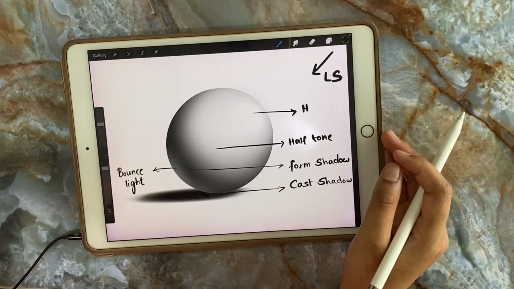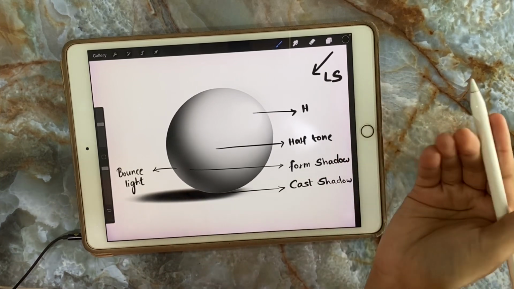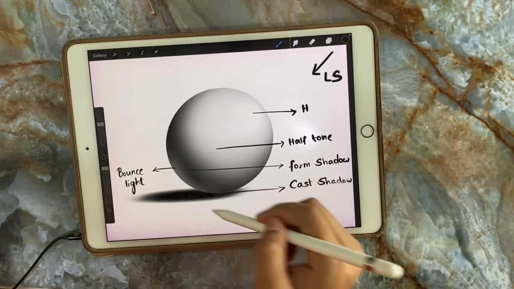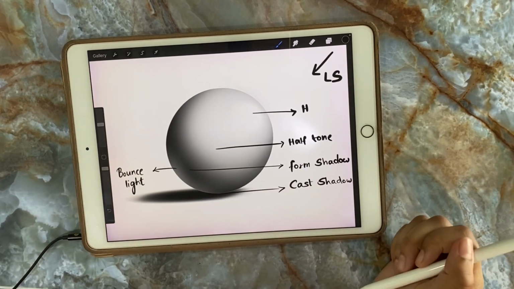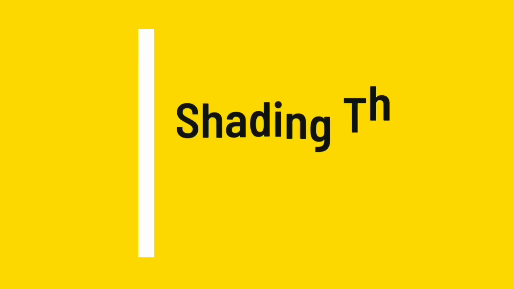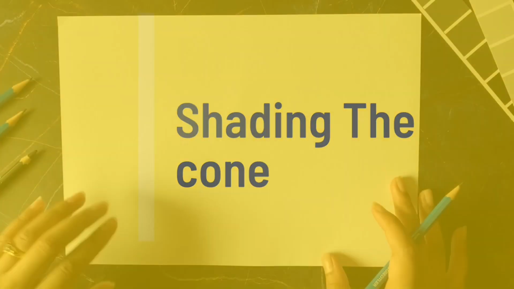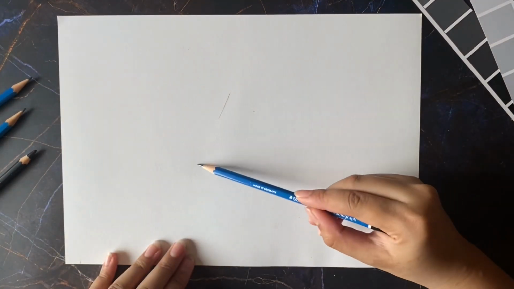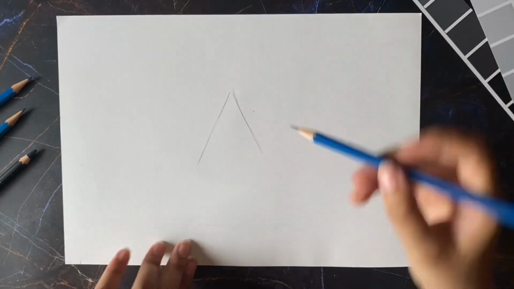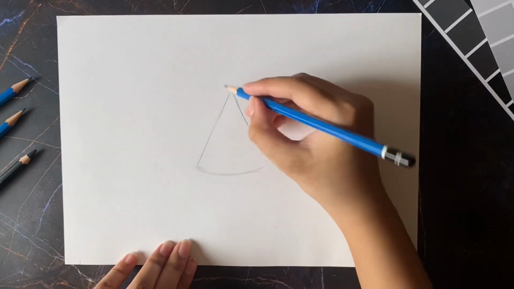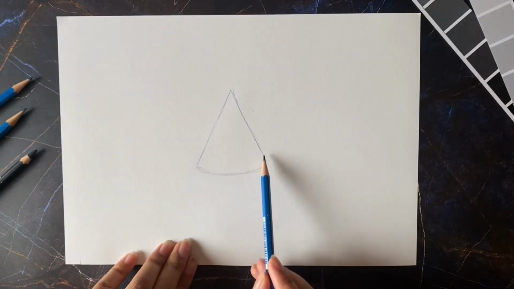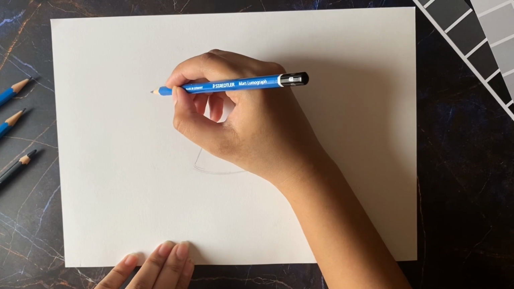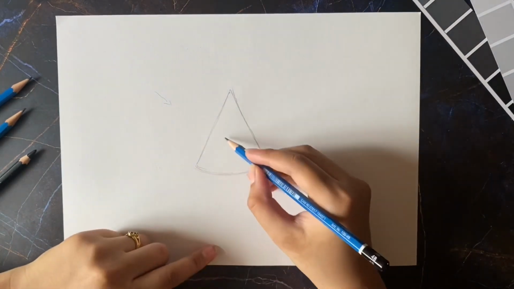So to help you understand this better, I will shade and show you a cone with a highlight, a shadow, a form shadow, and then the bounce light. Now this is the cone, and consider this side we have the lighting.